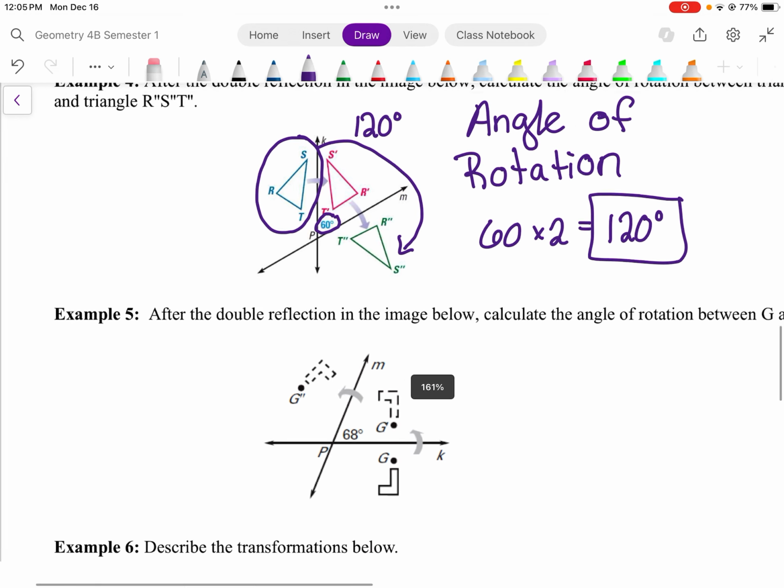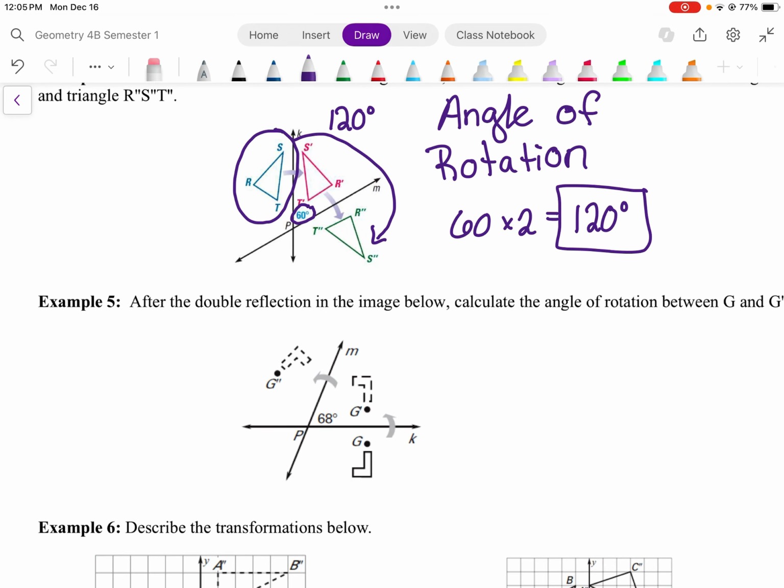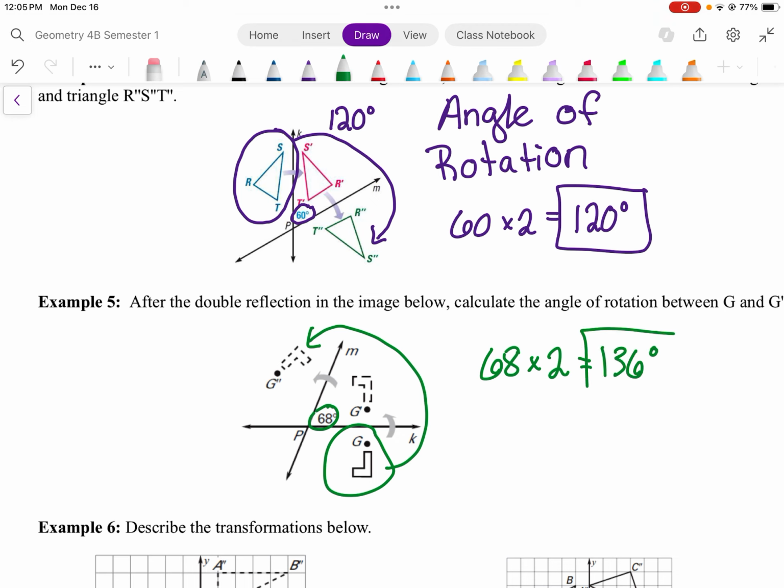All right, same thing for the next one. After the double reflection, the result is going to be a rotation, and we are looking for the angle of rotation. So we're going to take the angle between the two lines, and we're going to multiply by 2. And that's going to give us 120 plus 16, 136 degrees.